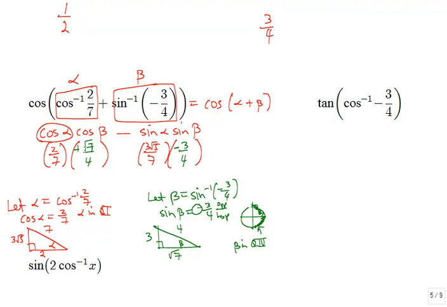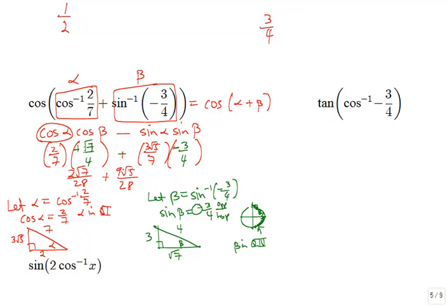All we have to do now, since we know these 4 pieces, is just go ahead and simplify. So let's do a little bit of algebra. When I multiply here, I get 2√7 over 28. Minus times a minus becomes a plus. 3√5 times 3 is 9√5 over 28.